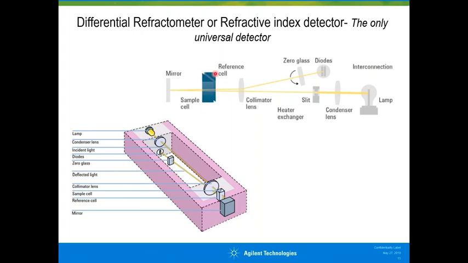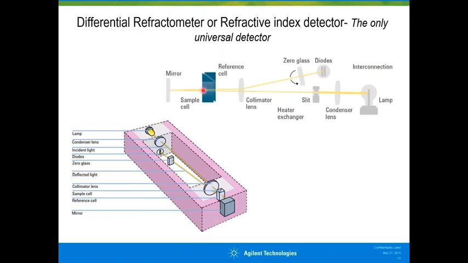Now this would be a cell divided into two. So it would be a square with a slit in between. The sample cell will have its own independent inlet and outlet, and the reference cell will also have its own independent inlet and outlet. Now the light beam would pass through the sample cell and reference cell both, and be reflected back from this mirror.